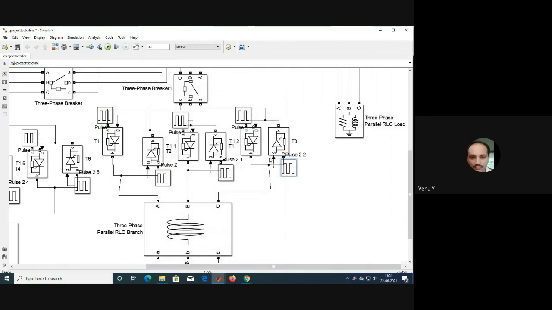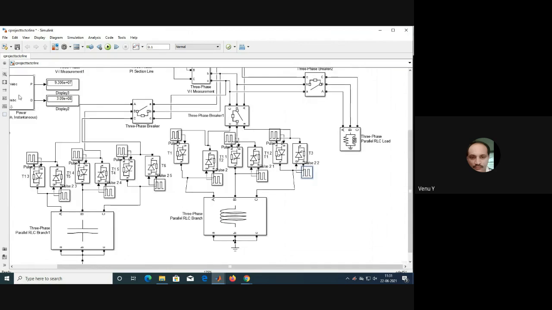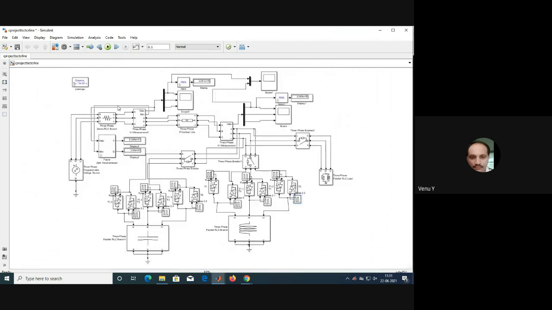So this is the TCR and its firing. So this is the entire circuit. So this is the source, series resistance, transmission line, receiving end load, and this is the three-phase TSC TCR type SVC.